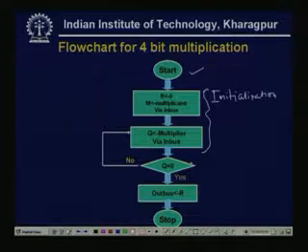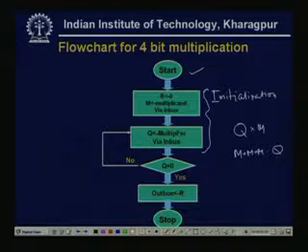If Q equal to 0, then the program should be stopped. That means M times Q is nothing but M added Q times.